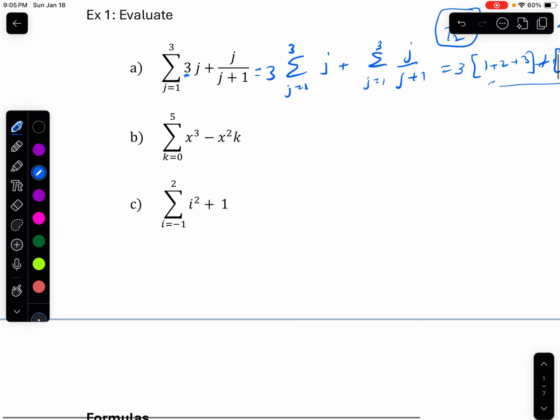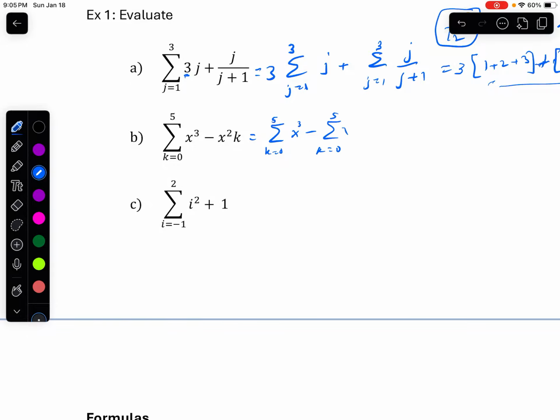Next example. So summation k goes from 0 to 5 of x cube minus x square k. So again we can distribute the summation sign. Now note here, this is x cube.